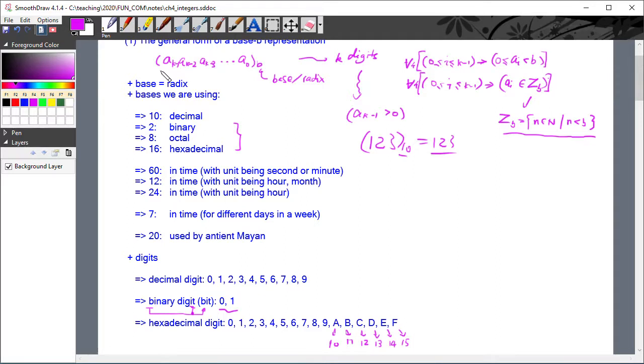In that way, you can better understand some other terms. For example, 1011 base 2, or 1011 base 8, 1011 base 16. Even though they are the same pattern, depending on the bases, they are different bases, so they are different numbers.